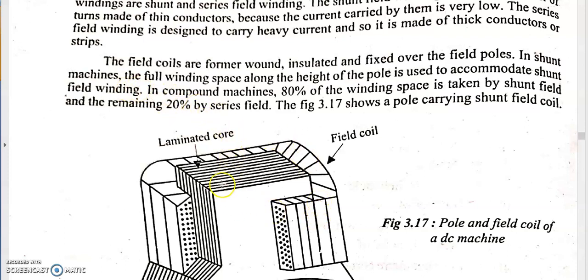Suppose if the machine is shunt machine, the entire space is occupied only by the shunt field winding. If it is a series machine, the entire space is occupied only by the series field coil. But if it is a compound machine, 80% of the winding space is occupied by the shunt field winding and 20% of the winding space will be occupied by the series field winding.